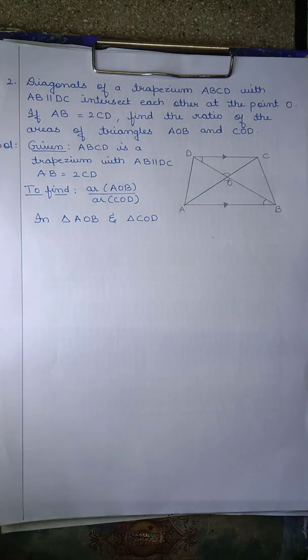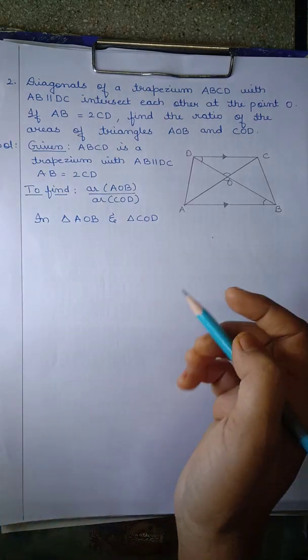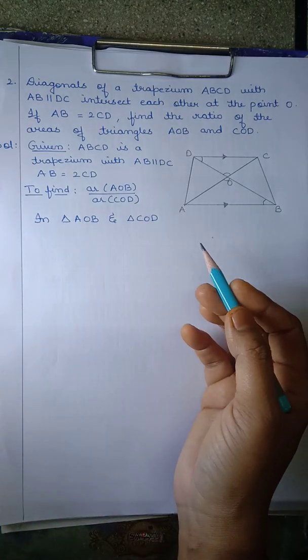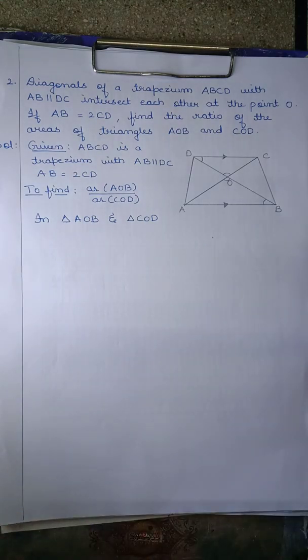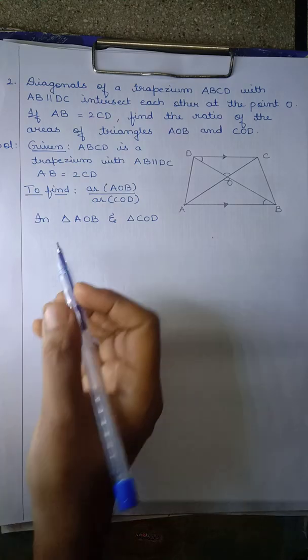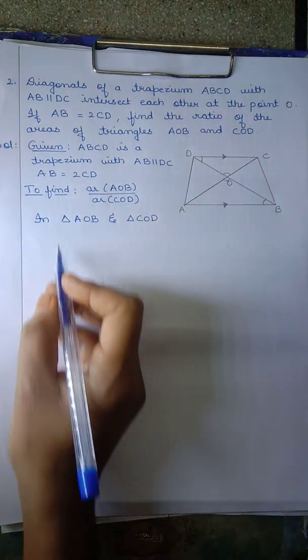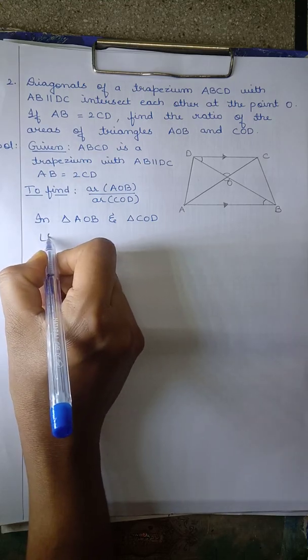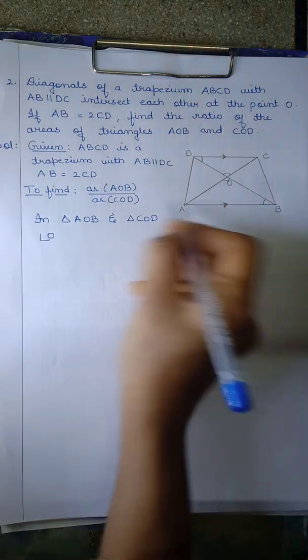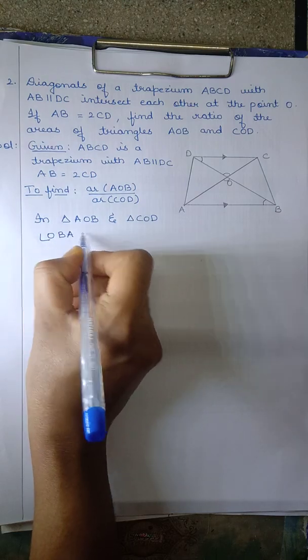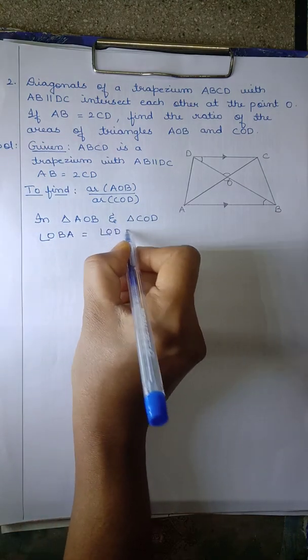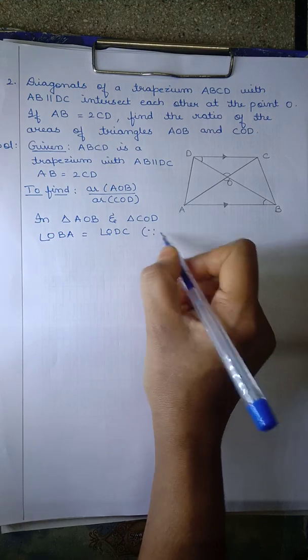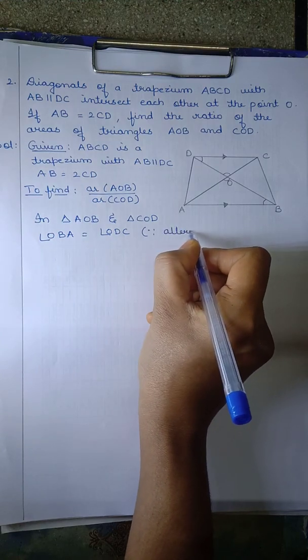Yes, to prove similarity, if two angles are equal correspondingly in two triangles, then the triangles will be similar by AA similarity. Okay, so you can take any two angles. So now here write angle OBA is equal to angle ODC because alternate angles.